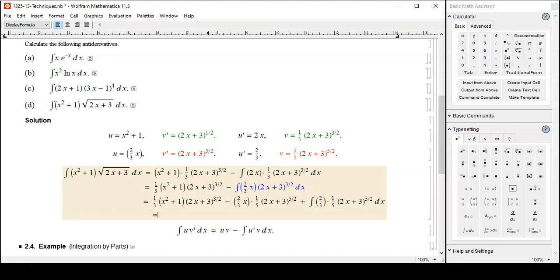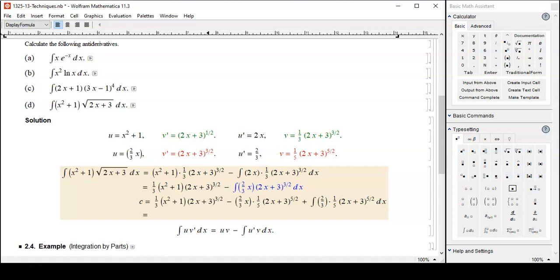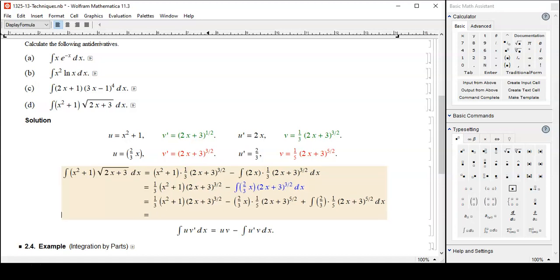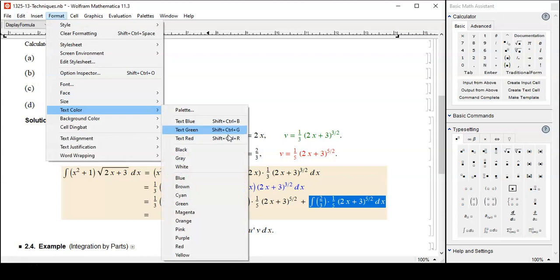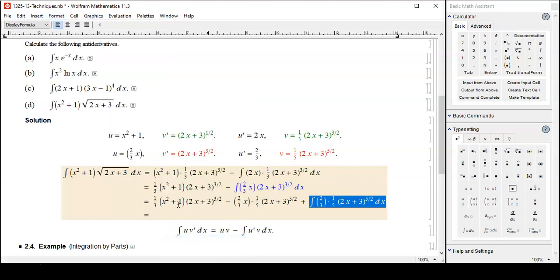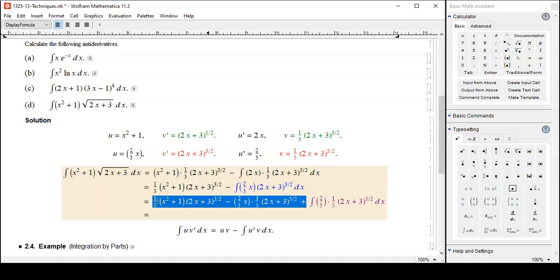Okay, all right. Do we finally have a doable integral here? This one I'm talking about. Let me use another color, say purple. Yeah, it's a power function, so we can handle it. These two are pretty much set.